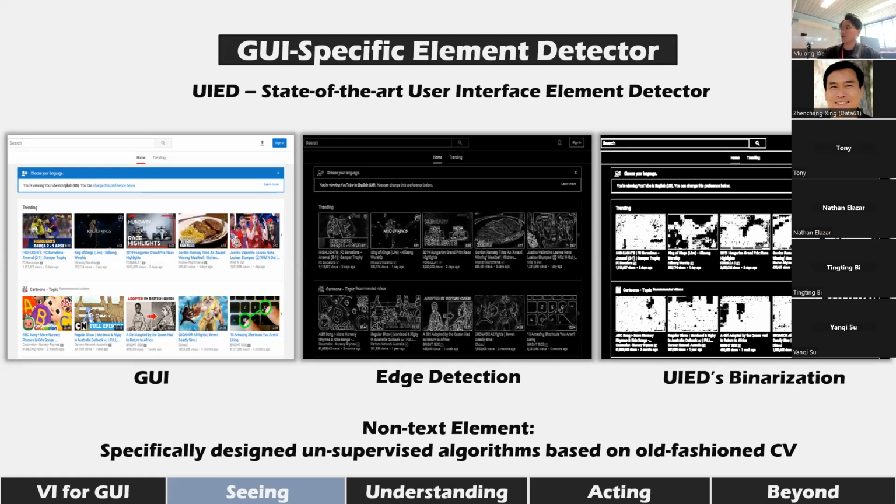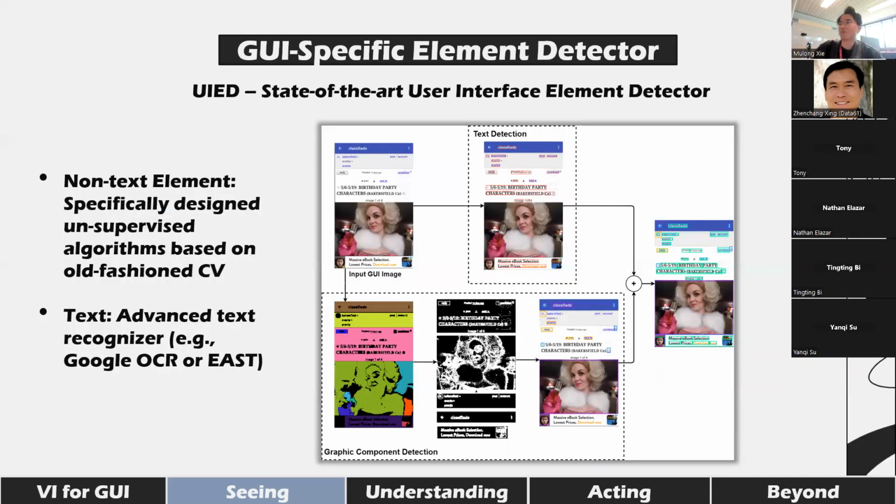But the third image shows the GUI segmentation, which is quite clear, extracting the widgets without over-segmenting or under-segmenting them, right? Over-segmenting just means we segment one GUI element into several pieces by mistake.